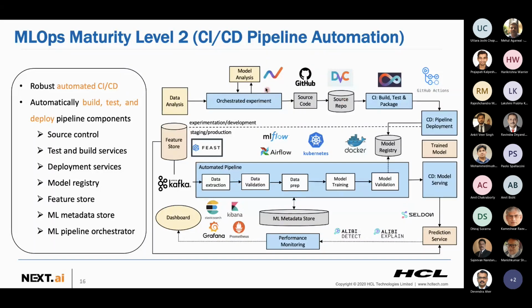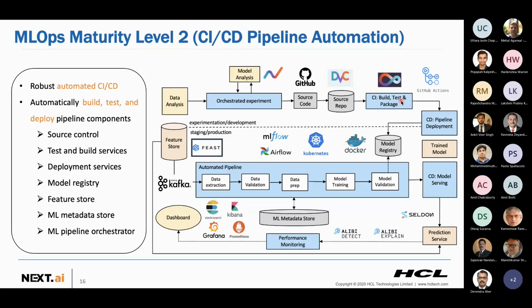DVC Studio is also an open source as well as managed service. For bigger teams greater than 5 members, it will be a managed service. But for smaller teams less than 5 members, it will be open source.